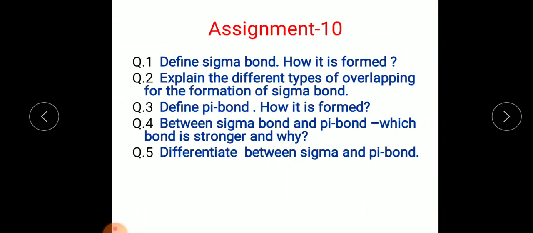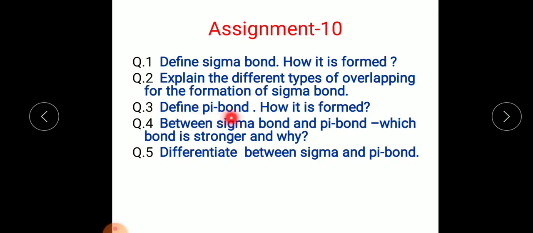Assignment. Based on today's class, we have assignment 10. Question number 1, define sigma bond, how is it formed. Question number 2, explain the different types of overlapping for the formation of sigma bond. That means you need to explain ss overlapping, sp overlapping and pp overlapping.